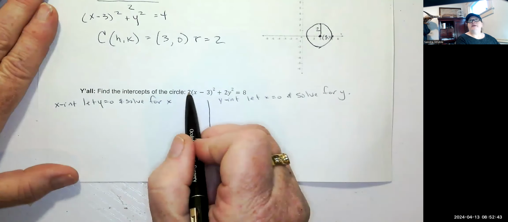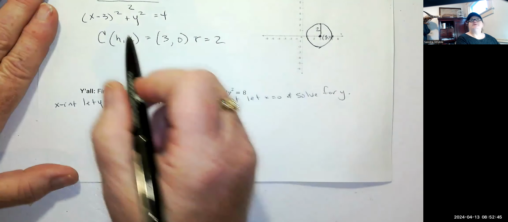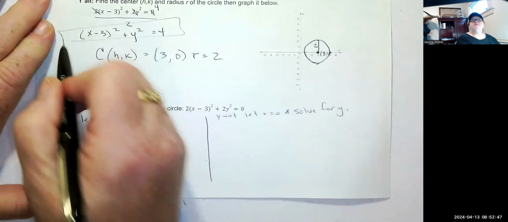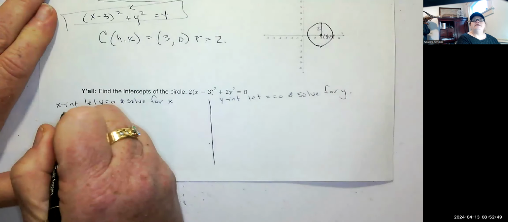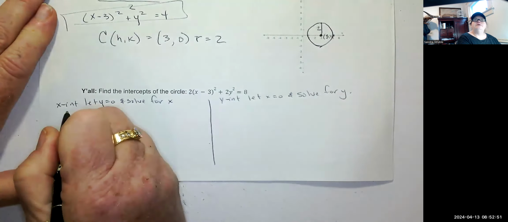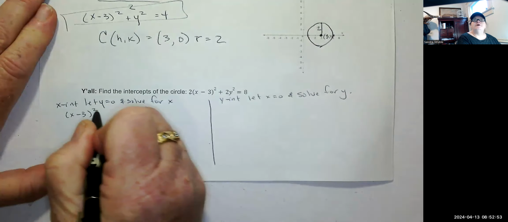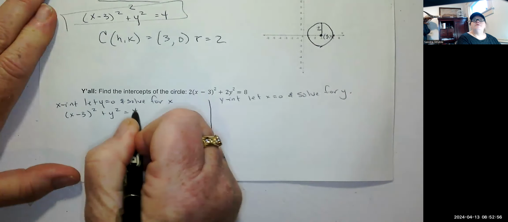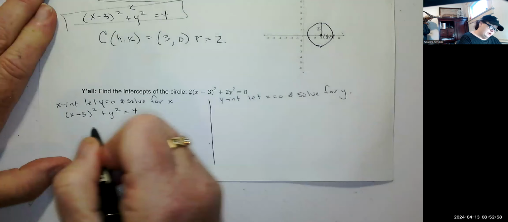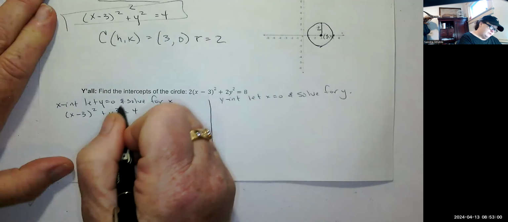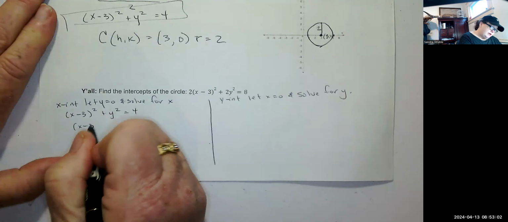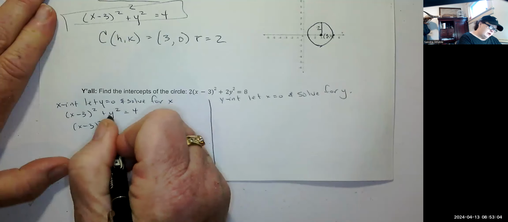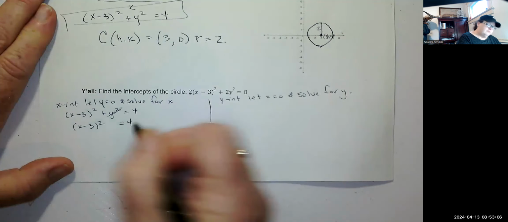All right, I'm going to go ahead and get rid of these 2's like I did in the last one. So I'm going to use this equation for my cleaned up values: x minus 3 squared plus y squared is equal to 4. And I'll use that for both of these. For this one, I need to let y equal 0. So x minus 3 squared, this is going to be gone, is equal to 4.